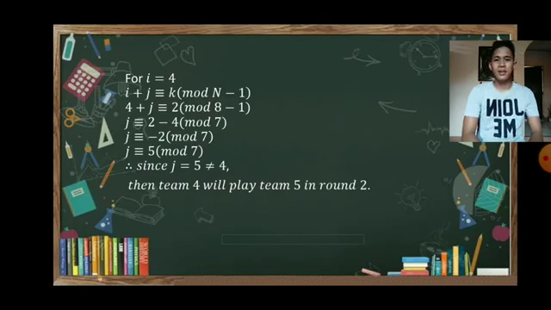Therefore, since j equals 5 is not equal to 4, then team 4 will play team 5 in round 2.